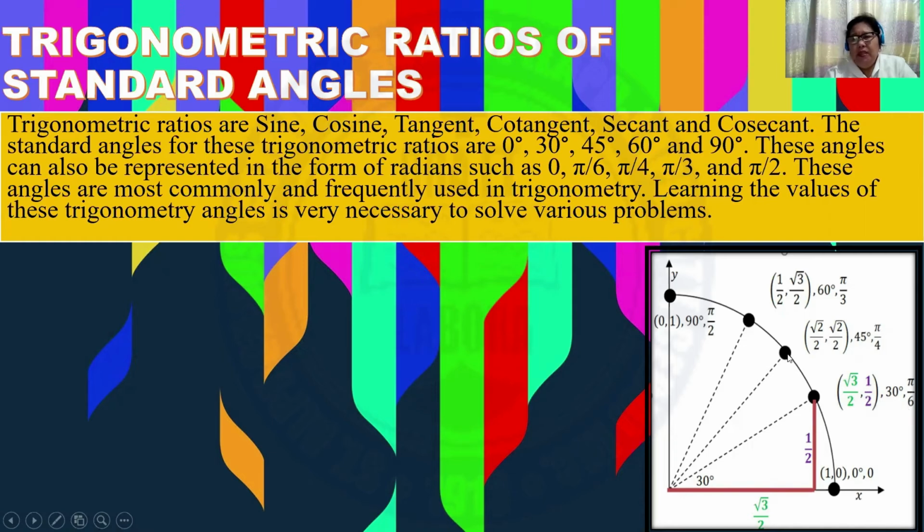For this point, this is equivalent to 45 degrees or pi over 4 with coordinates square root of 2 over 2 and square root of 2 over 2. And this point will represent the coordinates 1/2 and square root of 3 over 2 and equivalent to 60 degrees or pi over 3. And for this, we will have 90 or pi over 2 with coordinates 0 and 1.